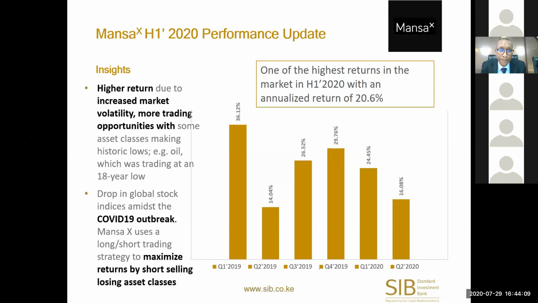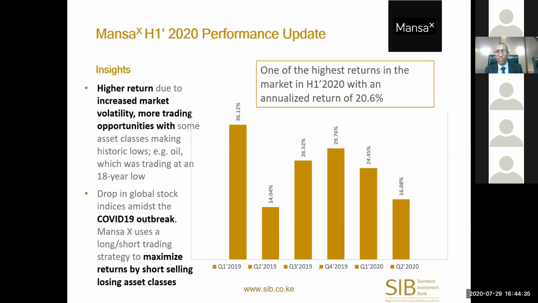So what are the insights for the first half of the year? Of course, for the first quarter, we had some interesting movements that made the quarter so much more interesting, like the oil crash that I mentioned earlier, dropping global stock indices just when the COVID-19 pandemic broke out. That was actually, interestingly, a way for us to capitalize on returns there.